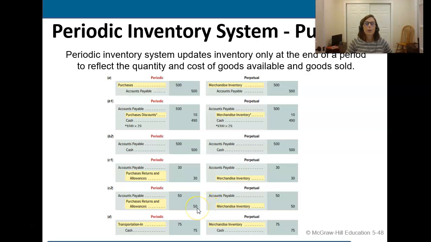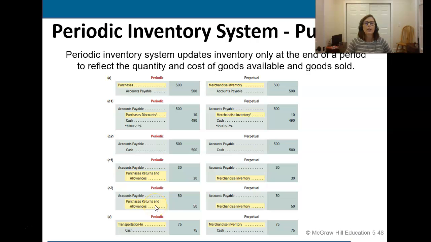Similarly, this was either another return or an allowance for something that was defective. But notice that we're using the same account, whether it is a defective item that we're receiving a reduction for or an item that we're returning.